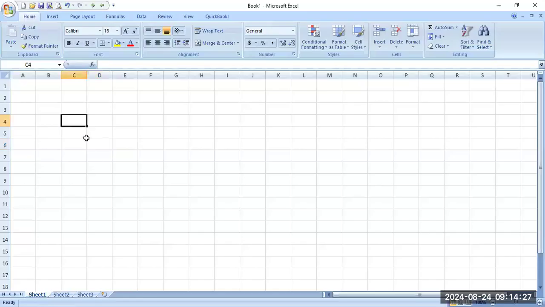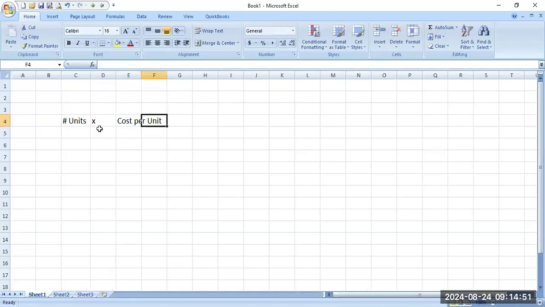One variable is the number of units. Multiply that by cost per unit. Once we have those two, we can find our total cost that we have to pay.